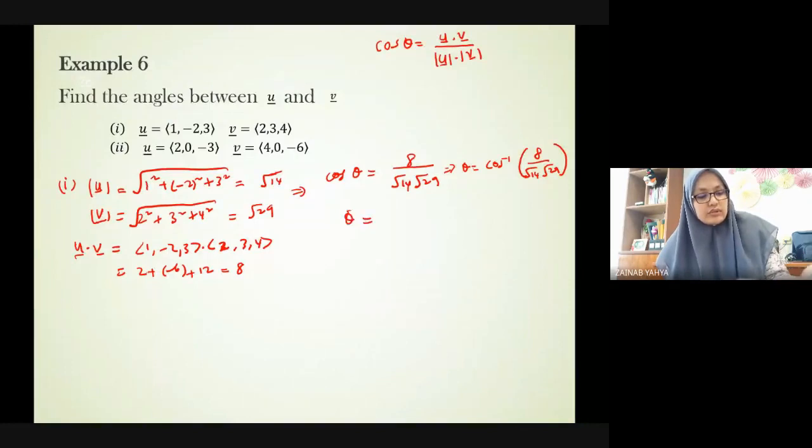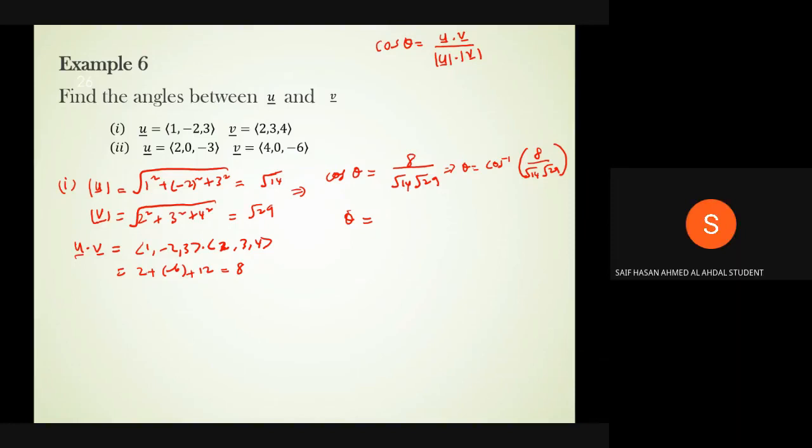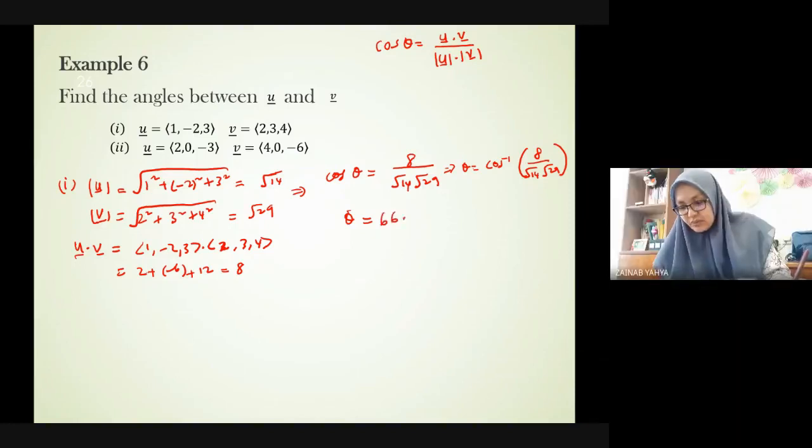So theta equals... So what do you get? Anyone? Do you know how to press your calculator? 66.7. Yeah, right. 66.6 degrees. So that's the angle between U and V. It's about 66.61 degrees.